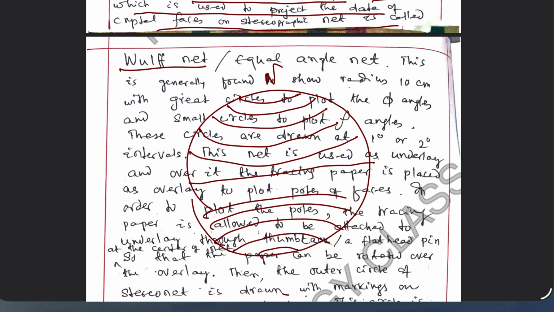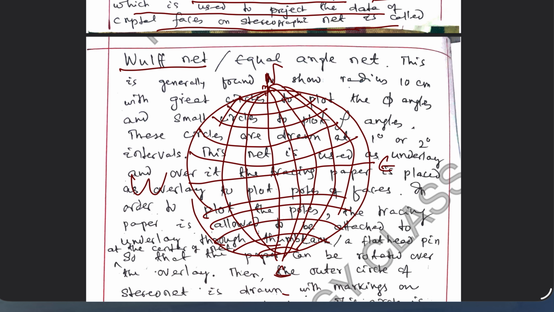This is the pole, north, south pole. This will be east, this will be west, and these are the longitudes. This is the Wolf net, and this angle is 90 degrees. This angle is 90 degrees. That's why it is called equal angle net, and this net is being used to plot the poles of the faces.